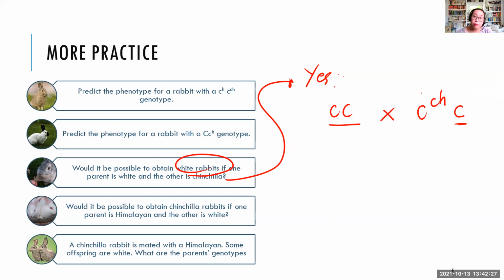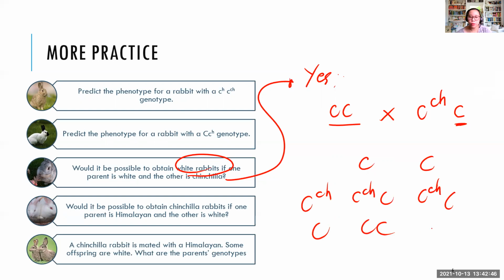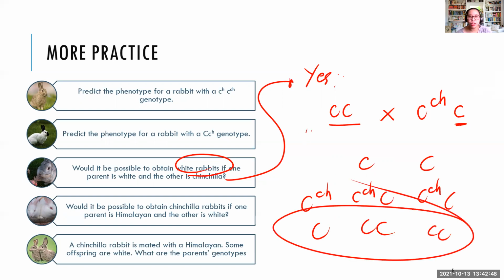So the chinchilla rabbit must carry an albino gene as well, or be heterozygous for the white gene. So if you segregate, you will have one half chinchilla and one half albino. All right.